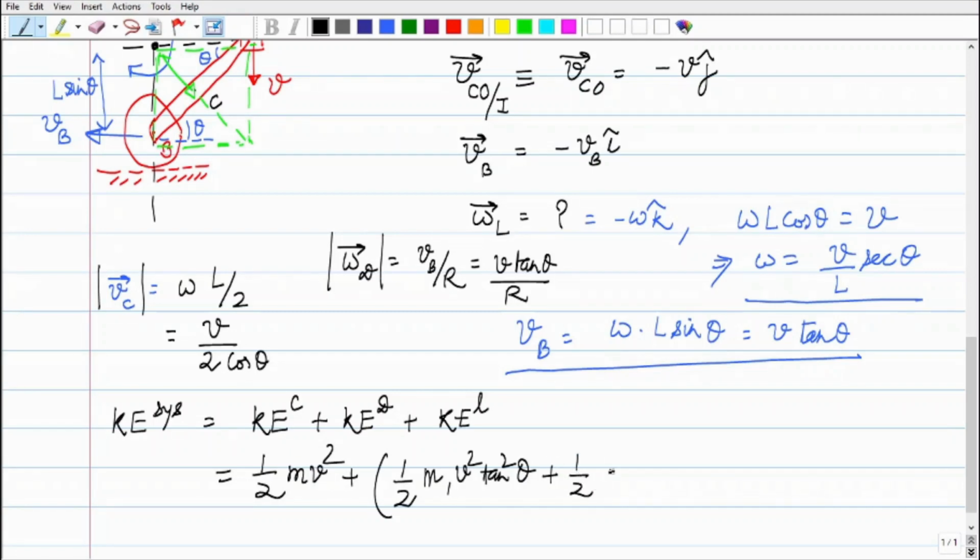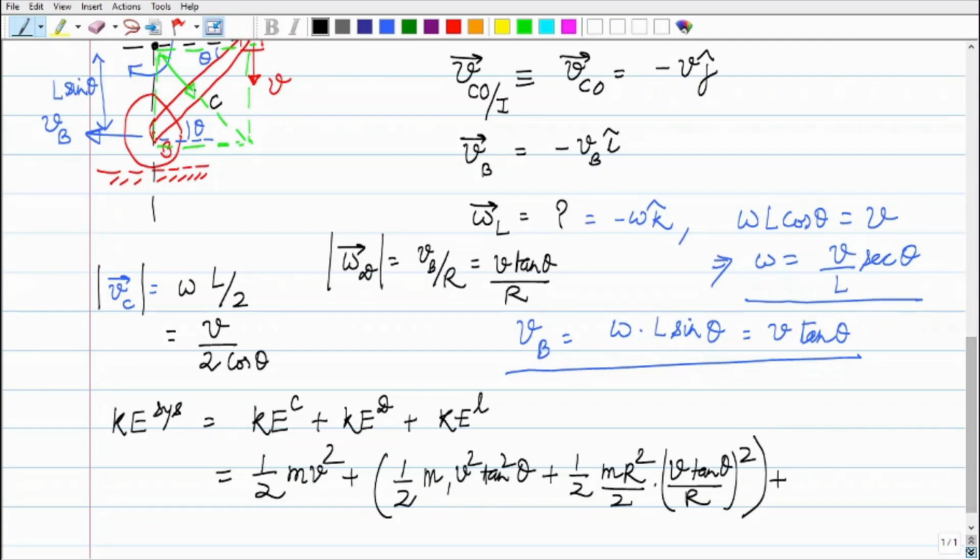So we have half into m r squared by 2, and omega squared is VB by R whole squared, and VB is V tan theta, so V tan theta divided by R whole squared. Okay, so that's for the disk.